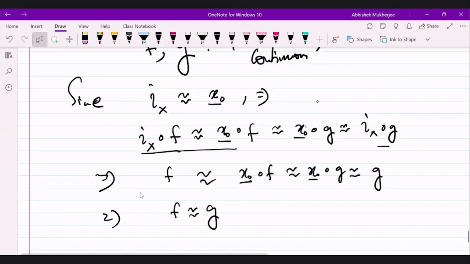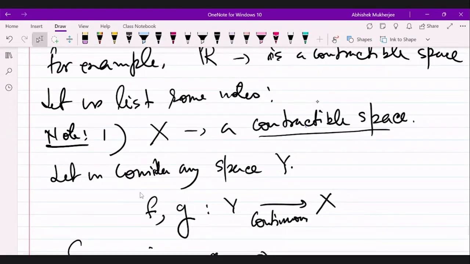So that means if you have some contractible space, then any two continuous maps from any space Y to X will be homotopic. Okay. Correct.